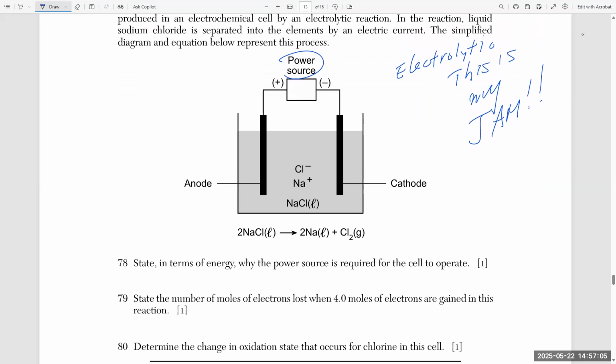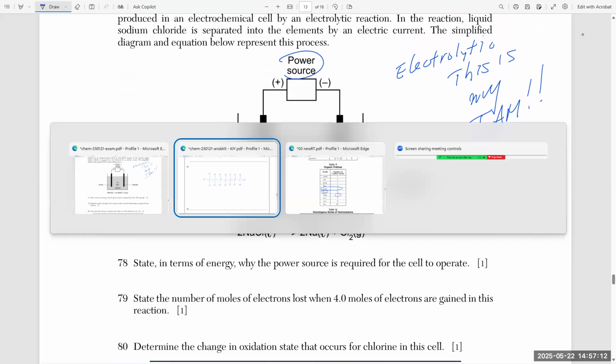Once again, it's a definition problem. What do we got going? It's an electrolytic cell, right? Why do you need a power source in an electrolytic cell?